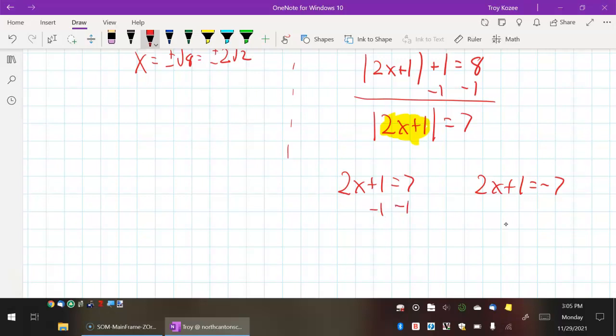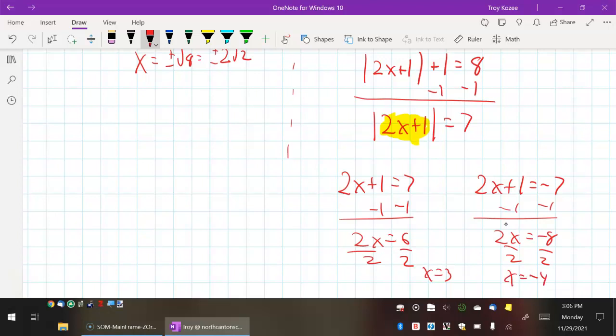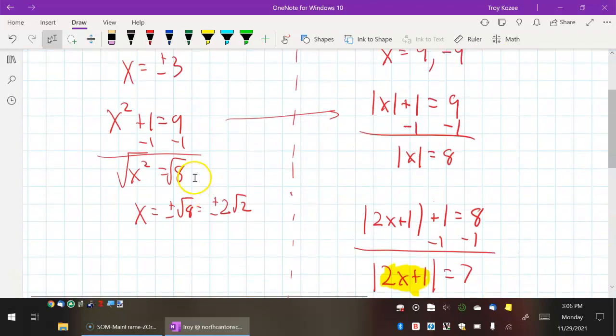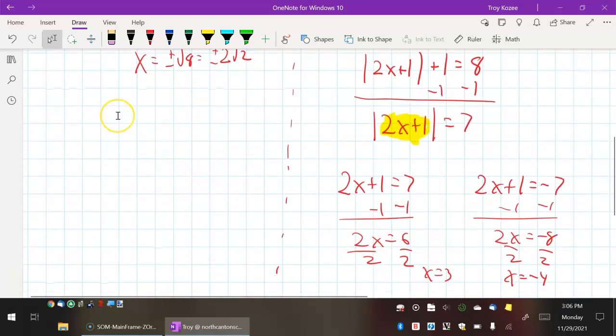After that core skill, I've got to do some subtraction, and I've got to divide. Okay, it's the same kind of thing with quadratics. Instead of just having plain x squared, I could have a whole expression that's being squared.